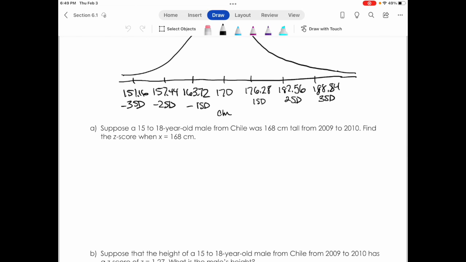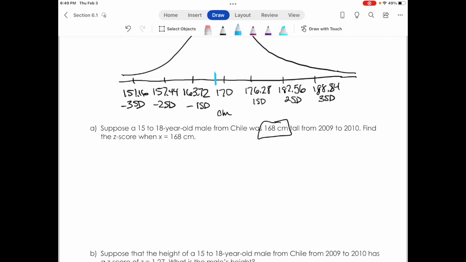So let's see, it says, suppose a 15 to 18-year-old male from Chile was 168 centimeters tall. We want to find the value of z when he is 168 centimeters tall. That's going to be really close to 170, but on this side of 170.